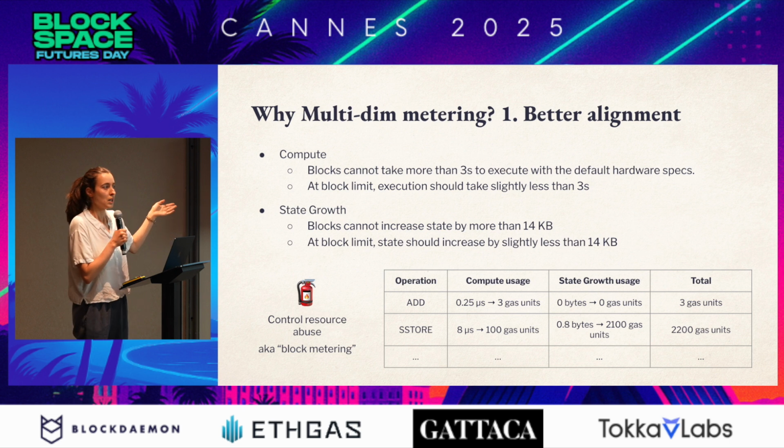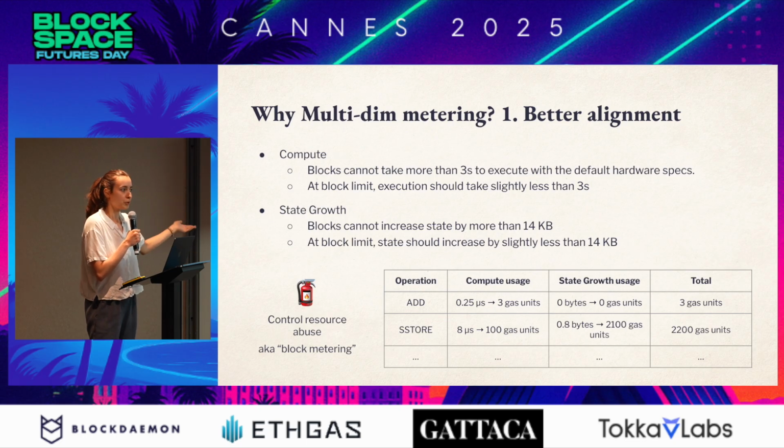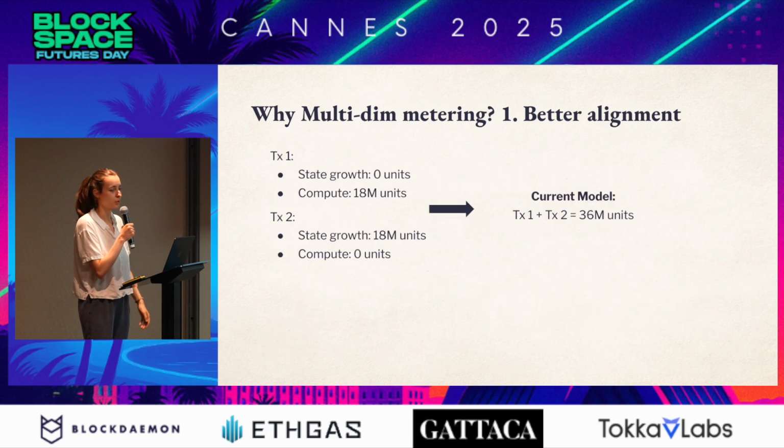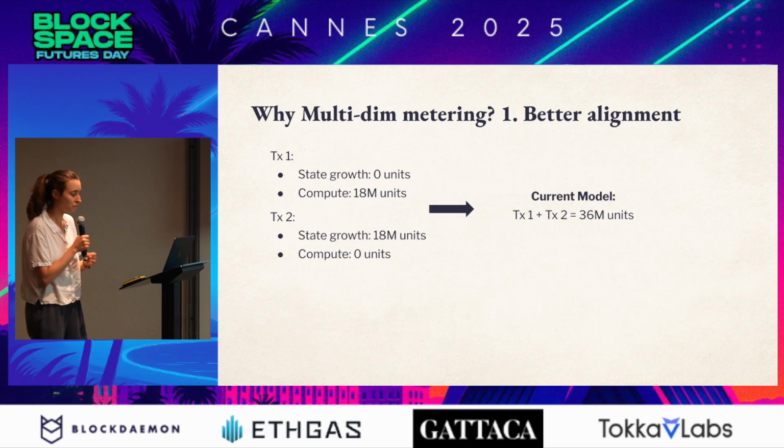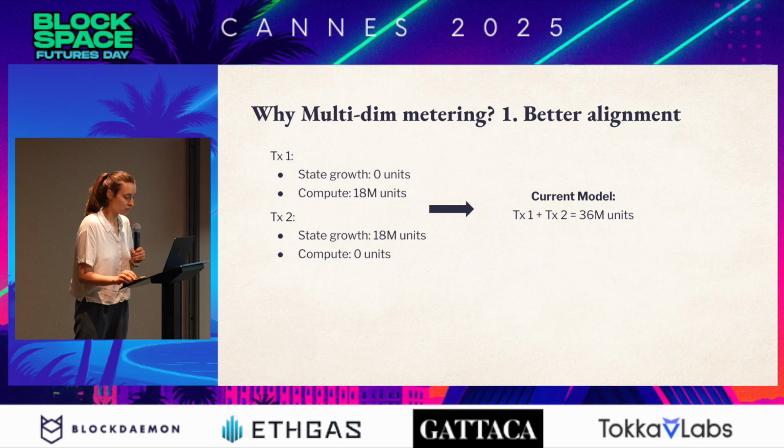If we had a block, for instance, full of add operations, and that would take the 3 seconds at block limit, we can then see how many adds we would need to have, and then do the mapping to the gas costs.